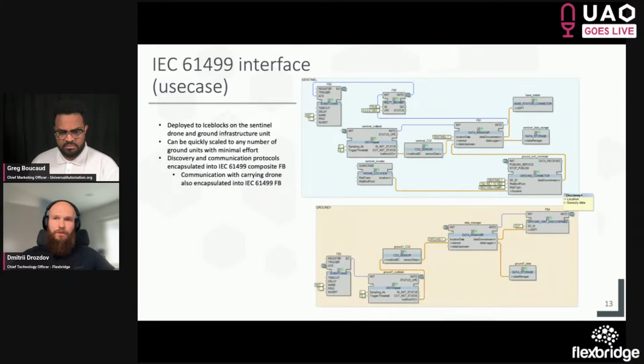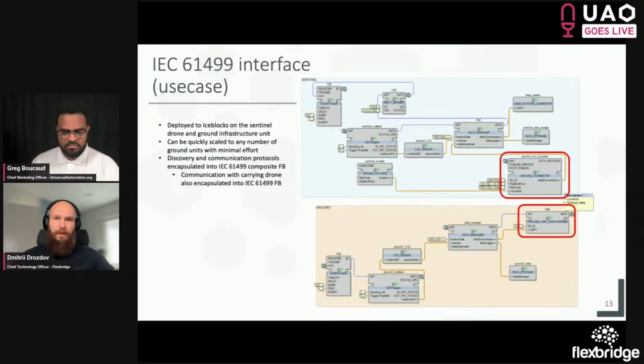This slide shows the IEC 61499 interface used in the Hovering Solutions application. We have two key function blocks here. One is ground unit discoverable. It acts as a wrapper for the service provider functionality on the ground unit with the sensor.